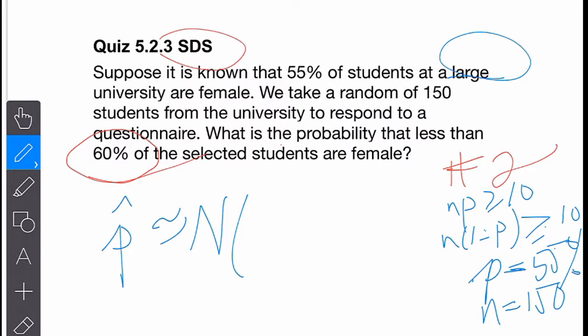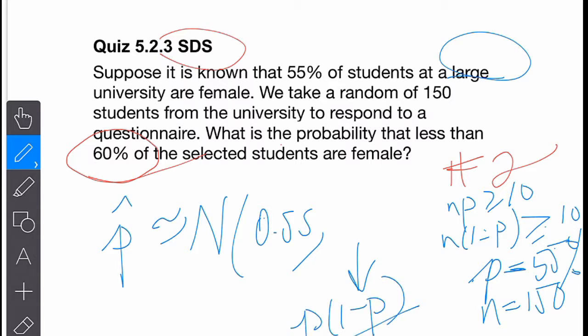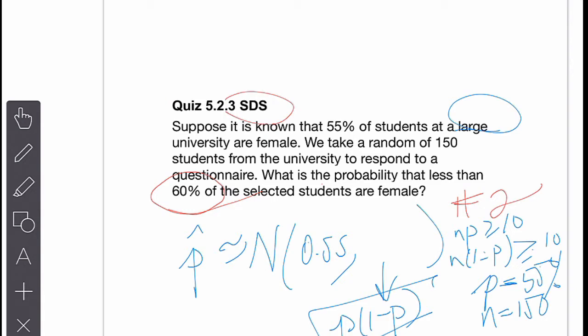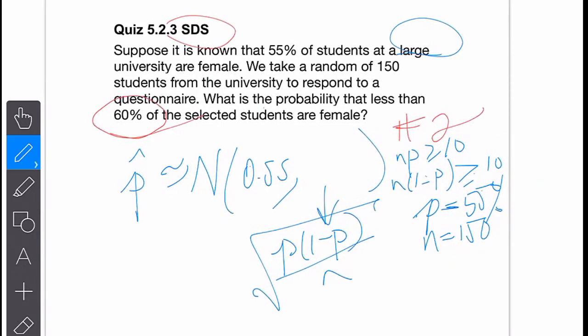If you go back to formula number 2 on the formula sheet, the sampling distribution of p hat is centered around the actual proportion of 55%, and the standard deviation we calculate as the square root of p(1 minus p) over n. We put it there, and then once we get that, we calculate the probability that p hat is less than 60%.